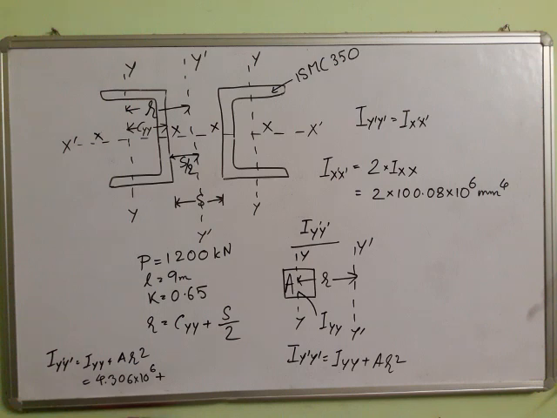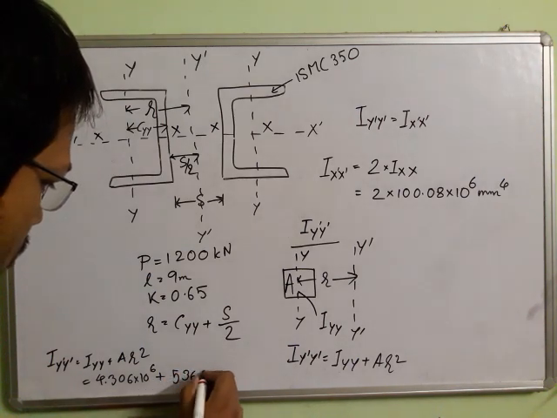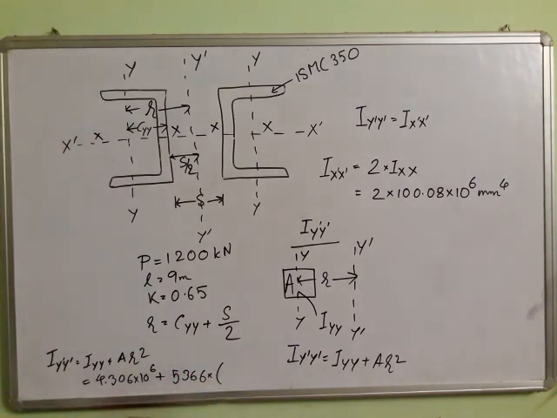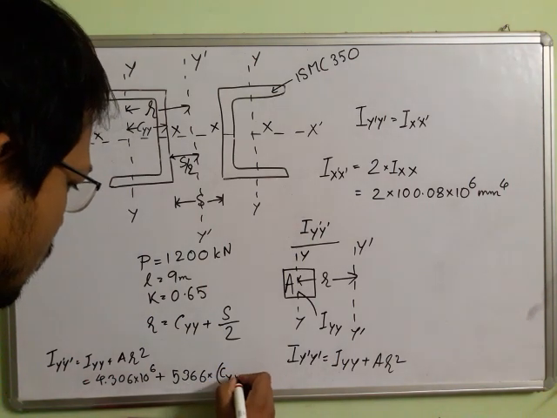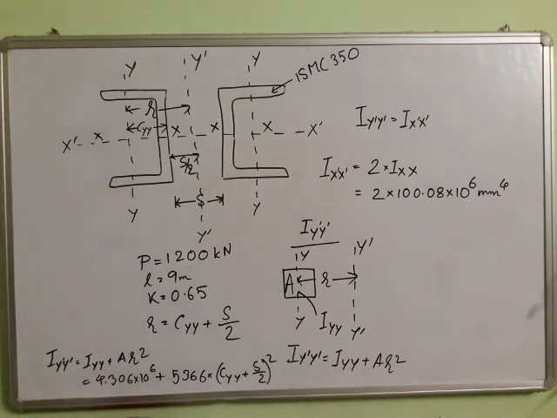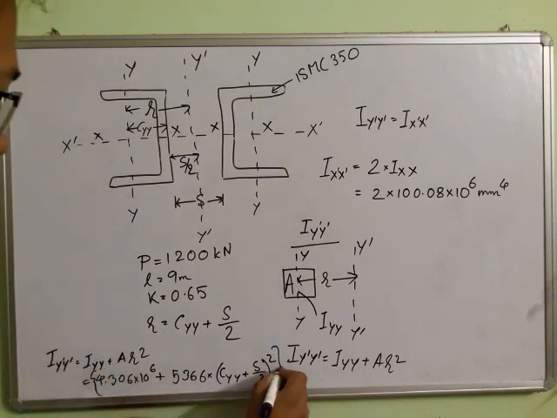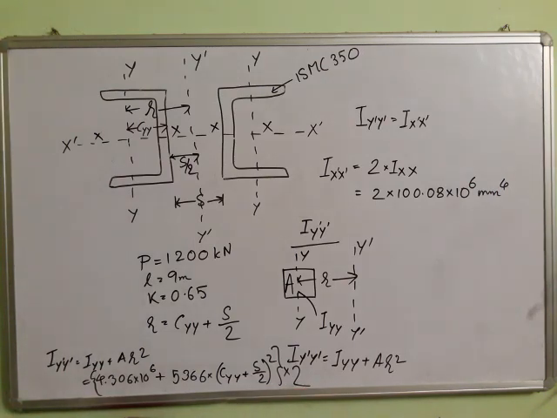The value of A is 5366. What is the value of R? This one. And since this is for one channel section, for the whole we just have to multiply it by 2. Okay, and Cyy also we will get from the steel table. It is 24.4.